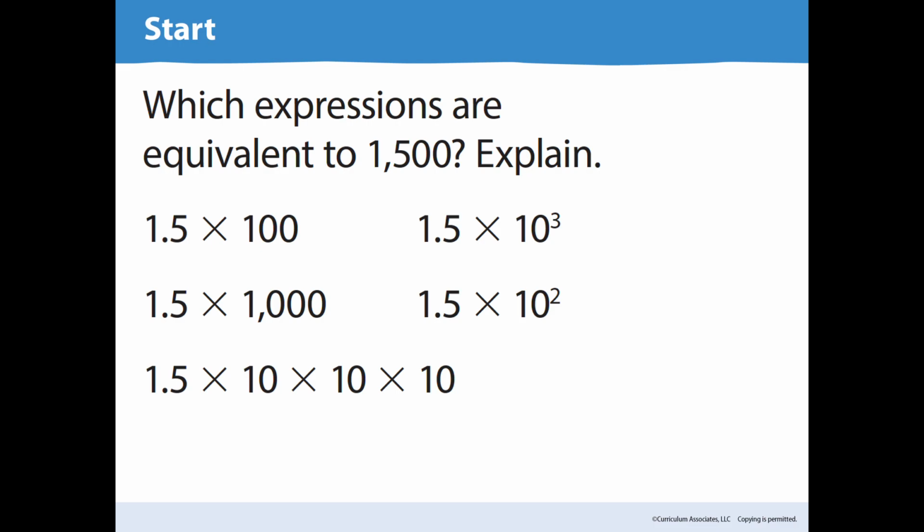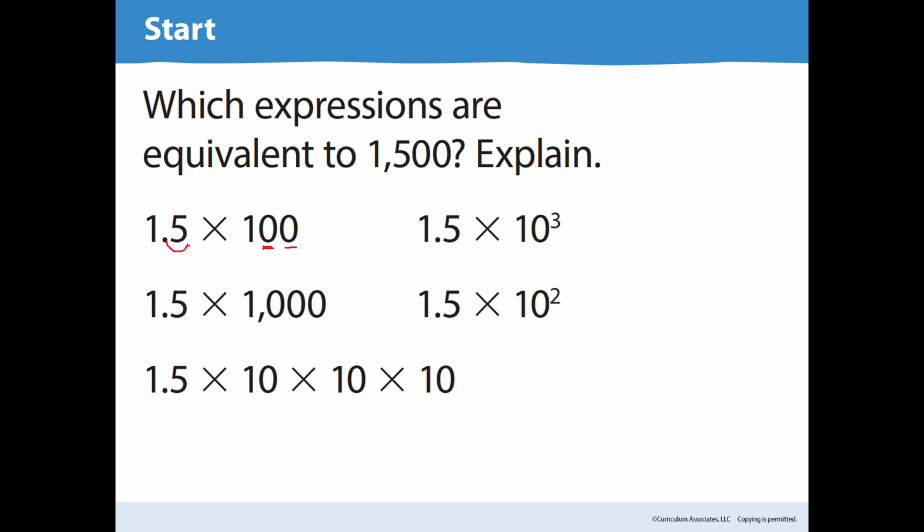All right, looking at these expressions to see which ones are equivalent to 1,500, I am going to remember my powers of 10. So I know that if I am multiplying 1 5/10 times 100, and I notice that there are 2 zeros here, the easiest thing to do is to move my decimal point 2 times to the right, because I know if I'm multiplying by 100, then my number is going to become larger.